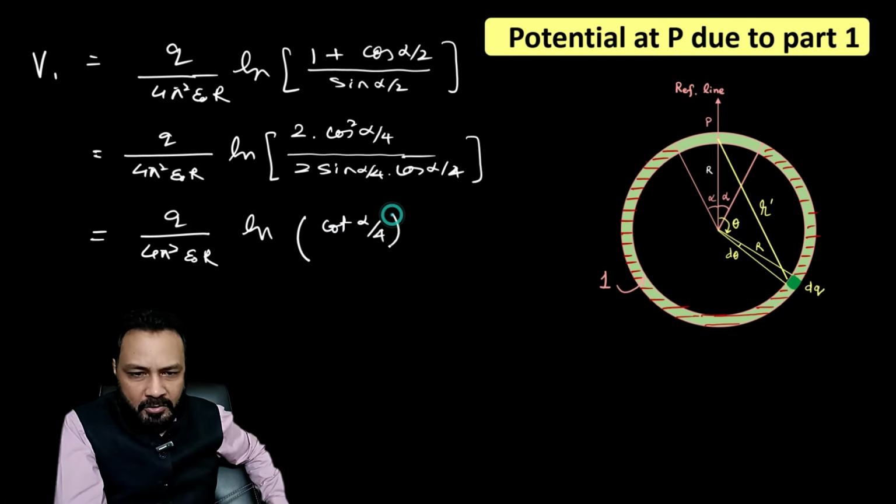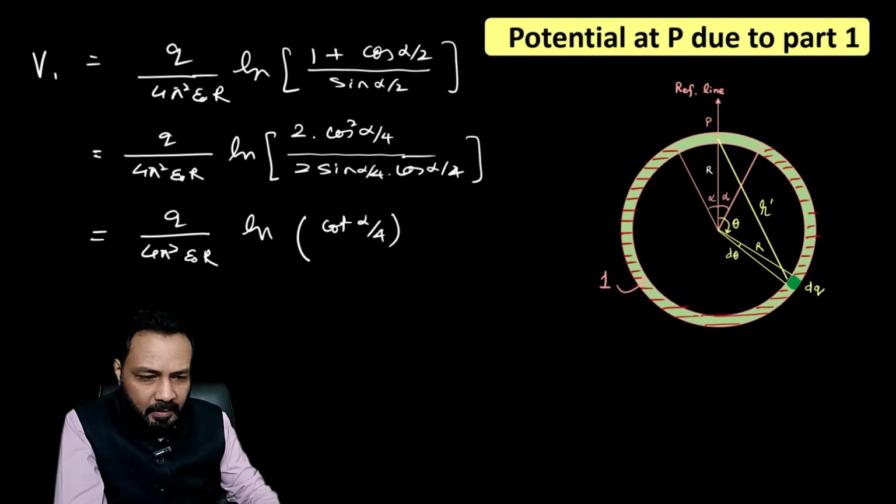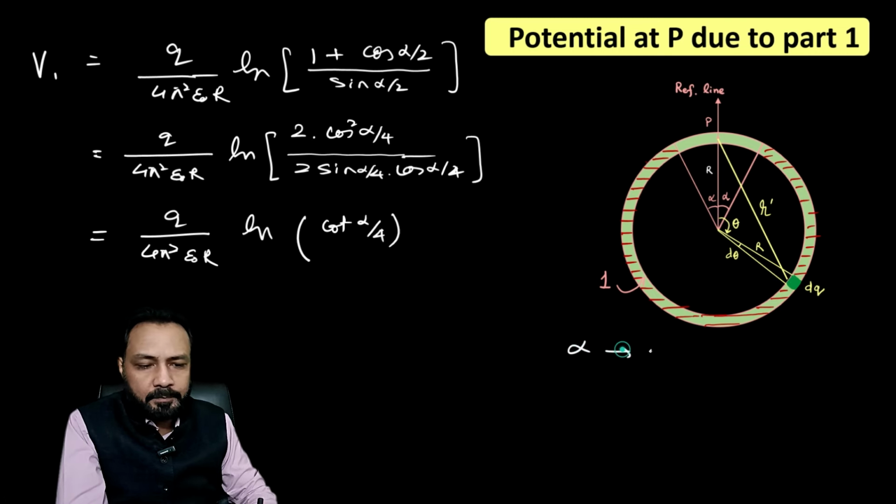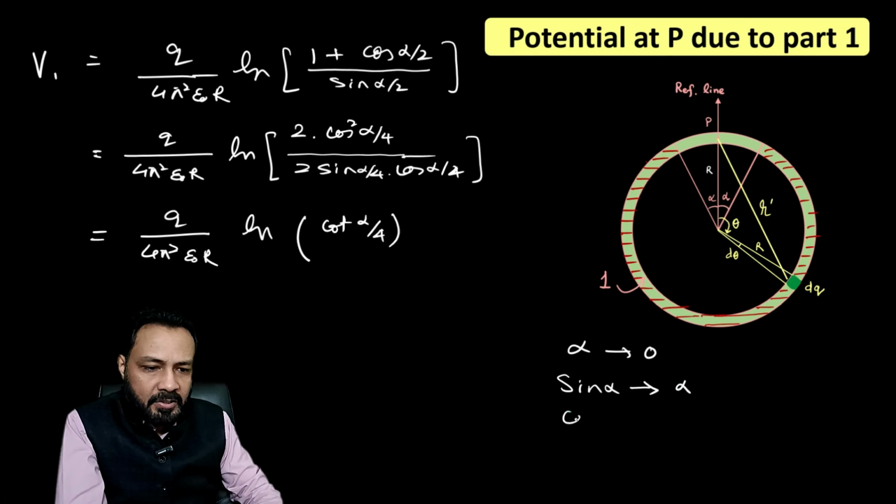Now we'll do the approximation. So what approximation will we do? See, alpha is tending to 0, very small. So if alpha is tending to 0, sine alpha will tend to alpha, and cos alpha will tend to 1.